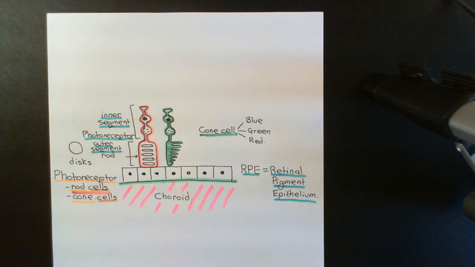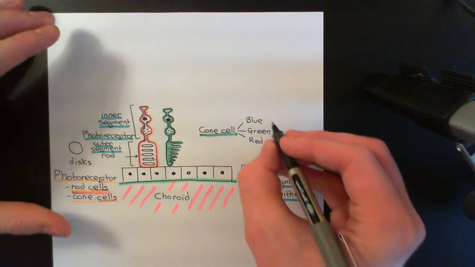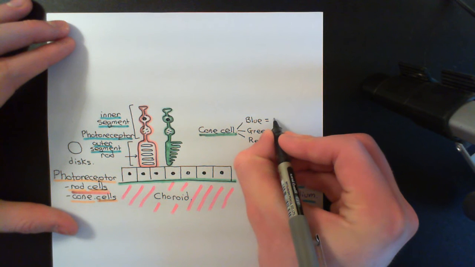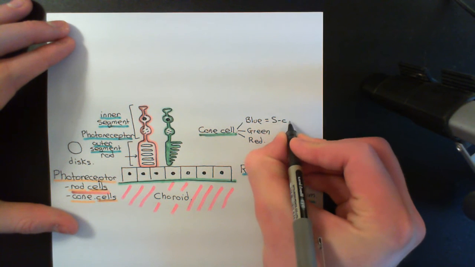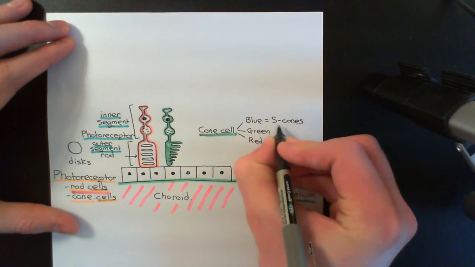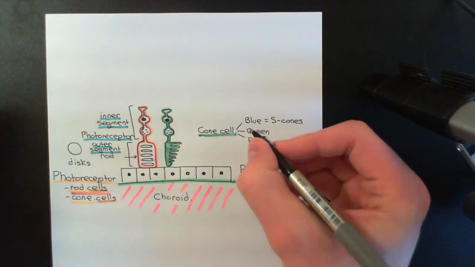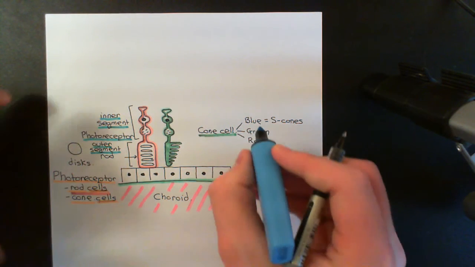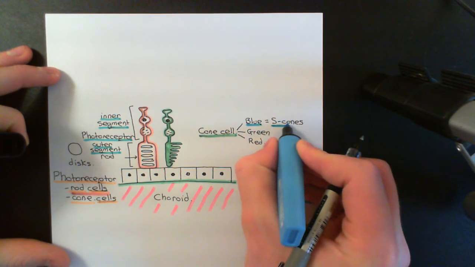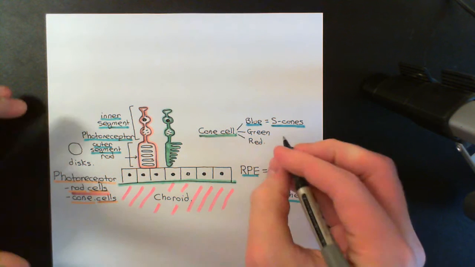It's more yellowy light that they like. So the better names for them is to call the blue cones the S cones, for short wavelength light cones. Remember, blue light is short wavelength light. So blue cones, we can call those S cones for short wavelength cones.